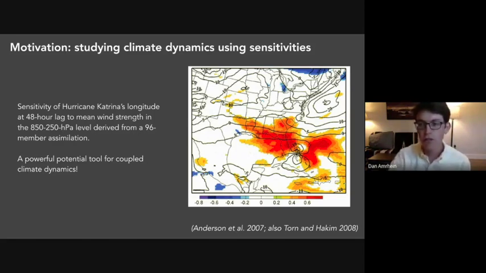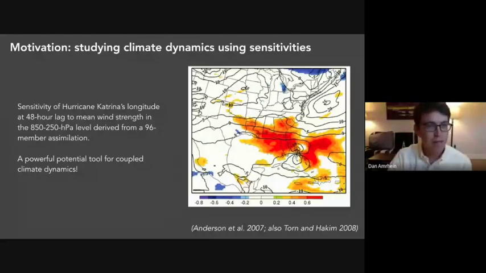And that's the picture that you're seeing here. Basically, this is where you want to blow the wind if you want to change the course of Hurricane Katrina. And I guess this has promise in the climate world. If we could use tools like this to study longer-term climate variations, the NAO, how mechanisms leading up to that, that's a potentially powerful tool.